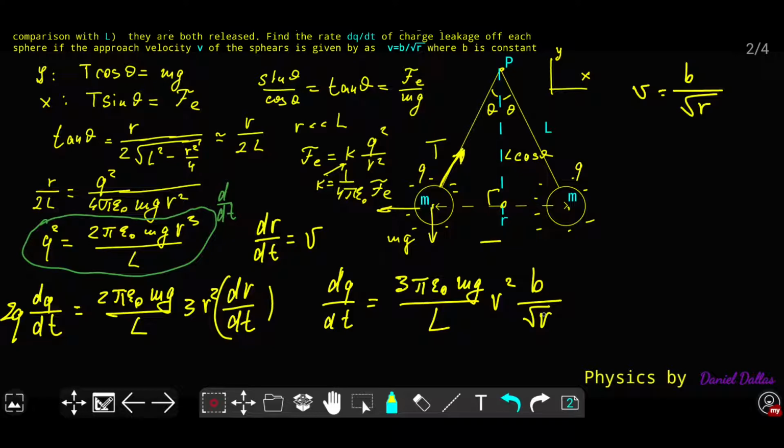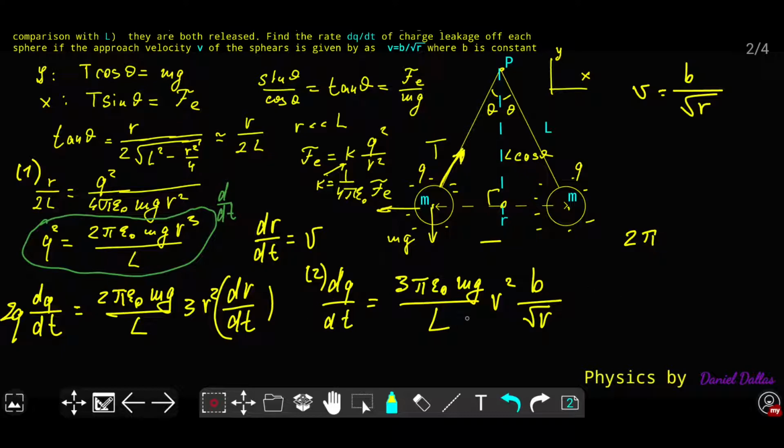But in this case, I think we need to express Q, because we're not given Q directly. I guess I forgot to put a Q down below, but instead of Q, we can take the square root according to our original formula from here. Let's say this is formula 1, and that's formula 2, the final formula.